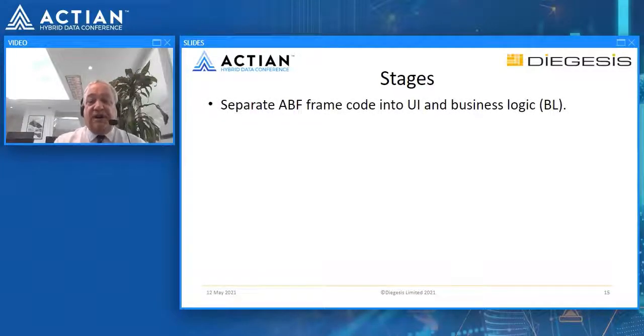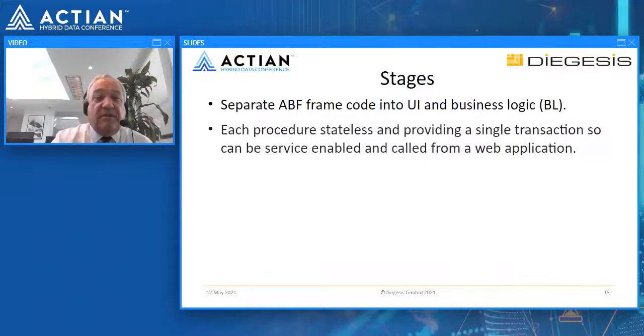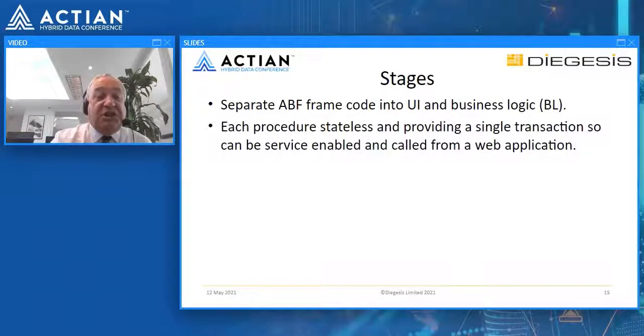So let's just very quickly summarize those stages. We separate the ABF code into its business logic. We make each procedure stateless so that we replace any state data making that call. That means, for example, if the application made significant use of global variables, we'd need to send the global variables over each time, so the particular state of the front end's global variables can be replicated in the back end.